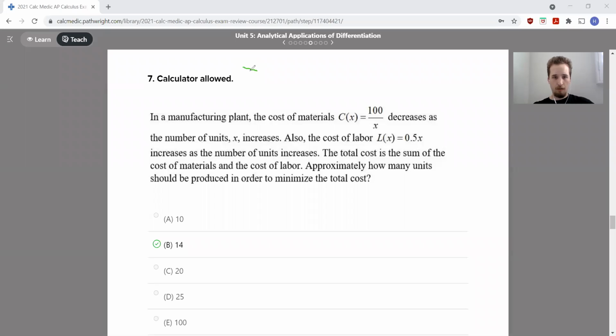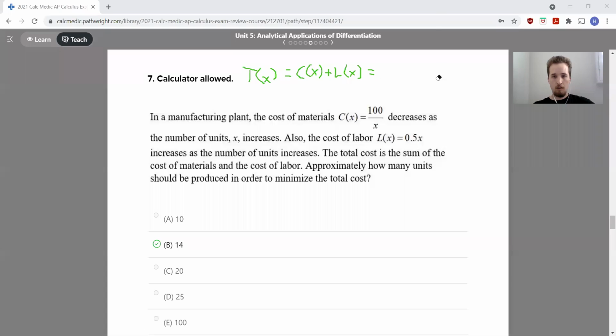So let's call total just T of X. Well, the total cost is the sum of the cost of materials, which is C of X, and the cost of labor, which is L of X. And then we can just plug those in.